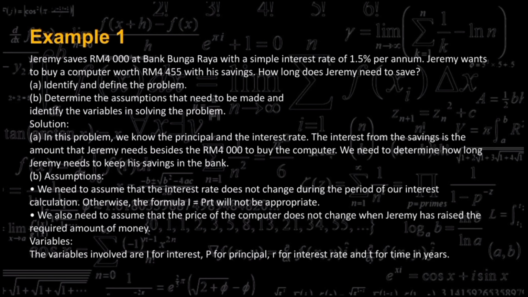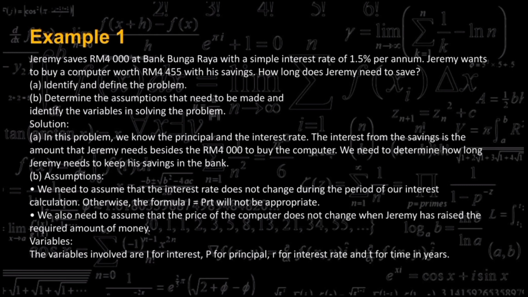We need to assume that the interest rate does not change during the period of our interest calculation. Otherwise, the formula I equals PRT will not be applied. We also need to assume that the price of the computer does not change when Jeremy is raising the required amount of money.